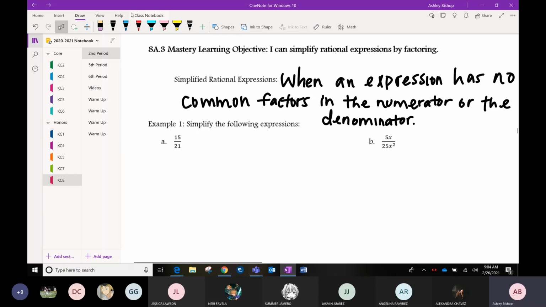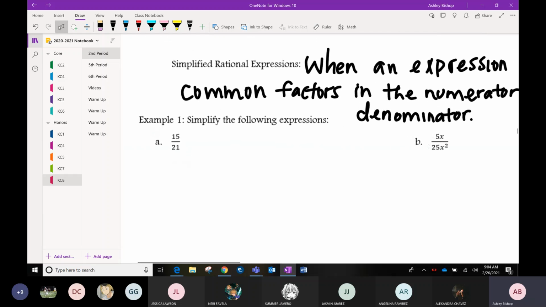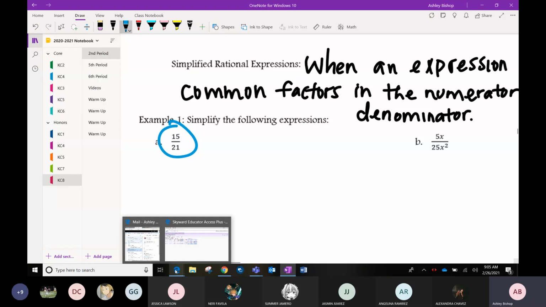Now, sometimes there's shortcuts. Sometimes your calculator can simplify. If your equation has no variables, if it's just one number divided by another number with no x's or y's or anything, we can just use our calculator. 15 over 21, I can simplify that.